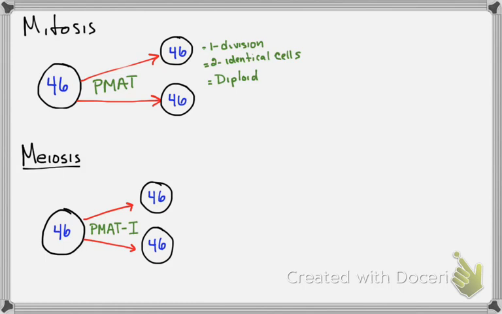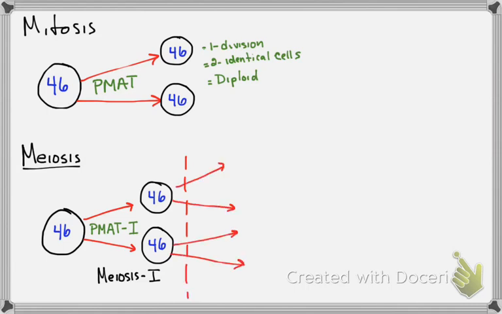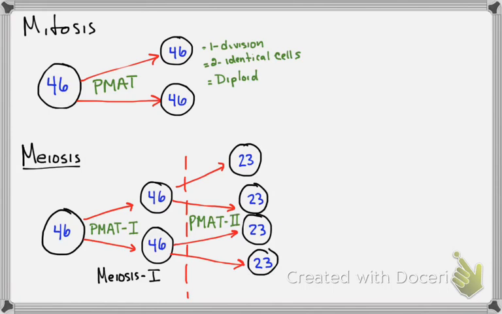But the difference between meiosis 1 and mitosis is that in meiosis 1, crossing over happens. So these cells are going to be different from the original cell. Then meiosis 2 happens, and those two cells will divide, forming two cells each, with an end result of four gametes or sex cells that have 23 chromosomes each.